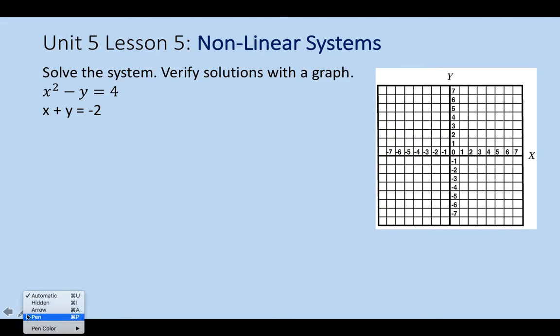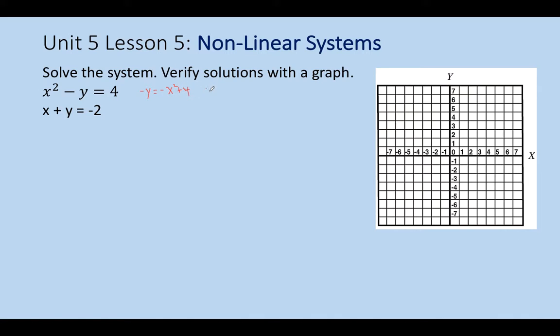Okay, so a few quick examples. Solve the system and then verify with a graph. What we've got here is a quadratic; you can see the greatest exponent is 2. If I wanted to graph this, I could solve for y, and I'd have negative y equals negative x squared plus 4.